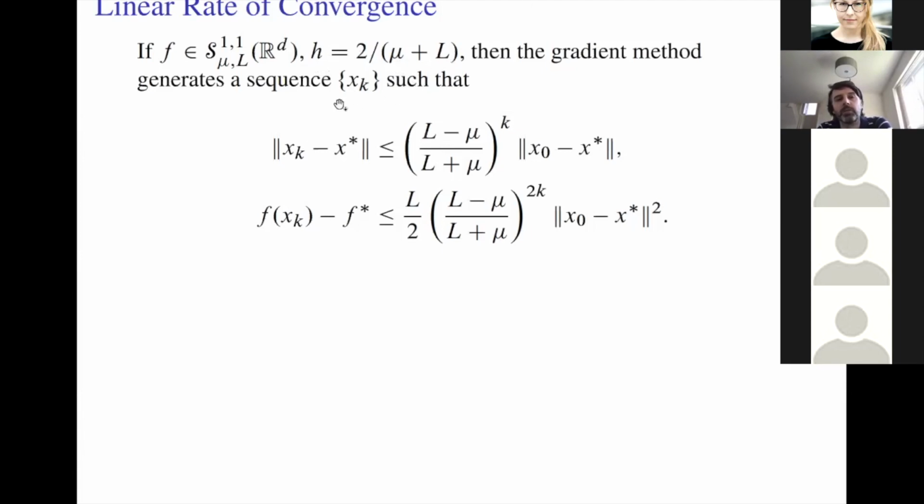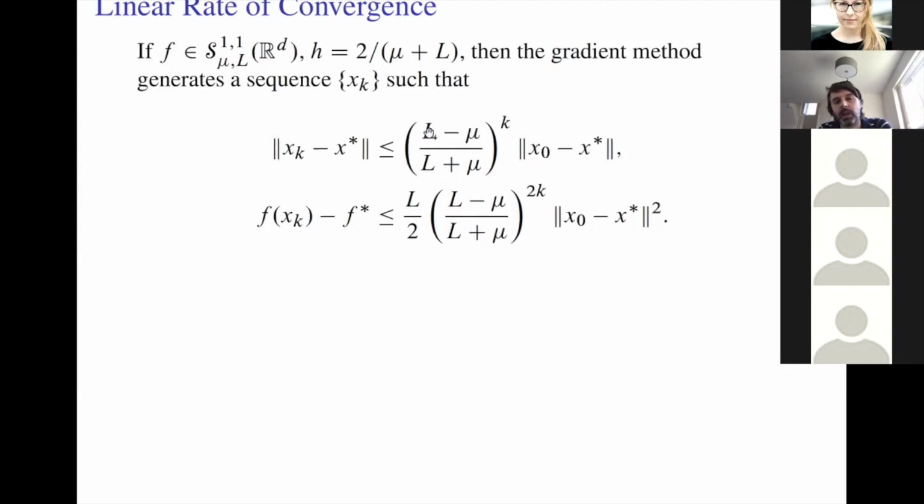The gradient method itself will generate a sequence of approximations of x star, here called xk. And you can now say something about how far xk is away from x star. So this is upper bounded by the original difference between the initialization x null and x star, and then you have this coefficient here, (L minus mu) over (L plus mu).